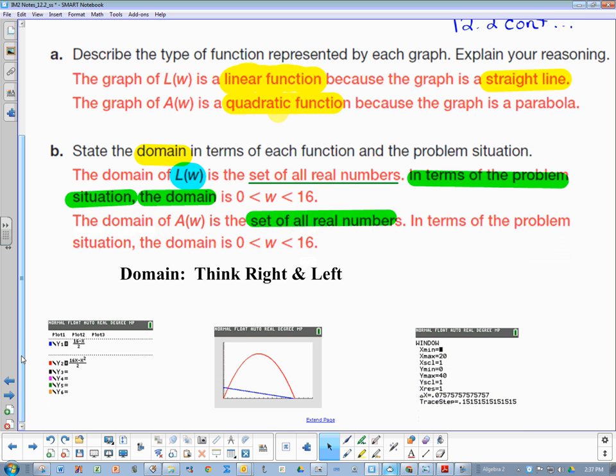So once again, I want you to remember that when you're thinking about domain, we think how far right and how far left can we go? And then make sure that on a test or quiz, you understand what it means to explain the domain in terms of the problem situation, like what in reality can happen.